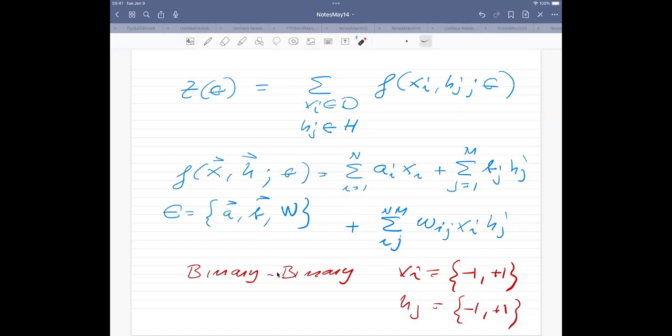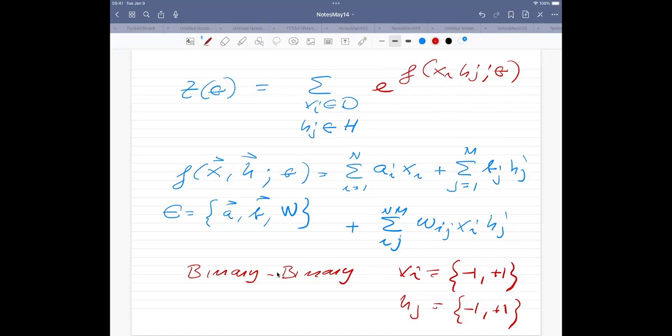So I should rewrite this one. This is given by the exponential of this function of x_i, h_j, and theta. So that's the Boltzmann distribution when we follow that.